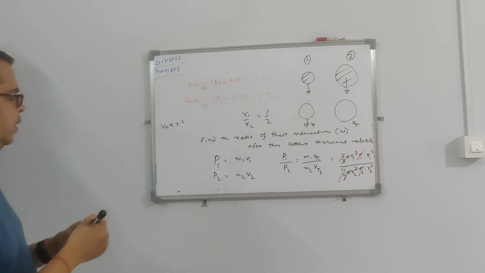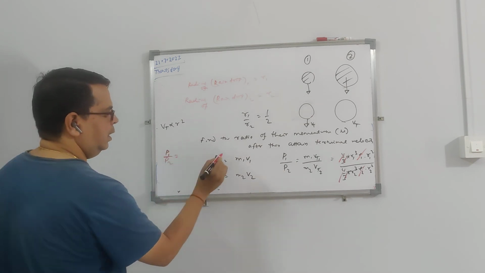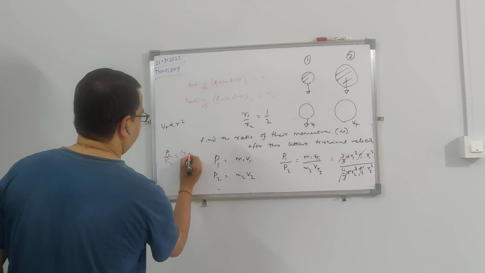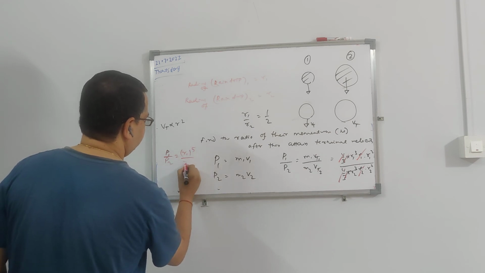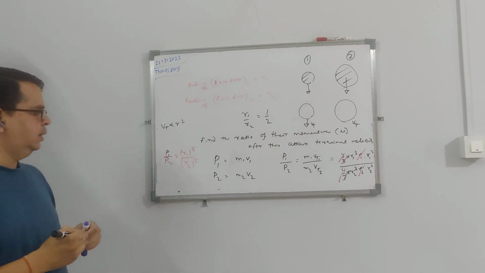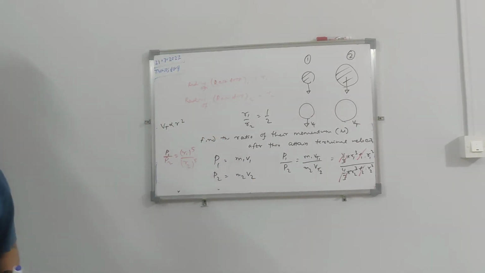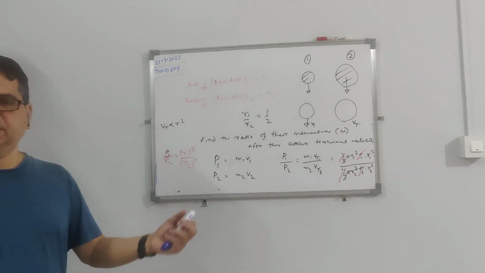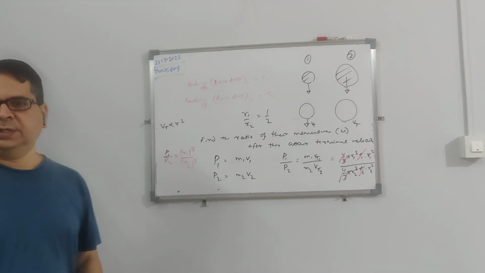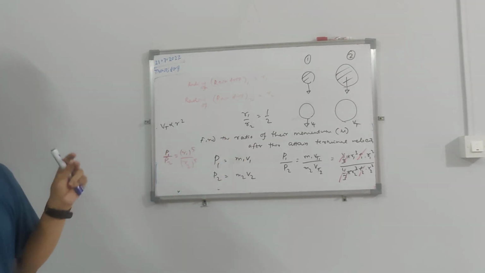So what is happening now? P1 by P2 is equal to R1 to the power 5 divided by R2 to the power 5. Here the catch is the terminal velocity for both the balls is different, because you cannot think the terminal velocities are the same. The mass is different, also the radius is different.